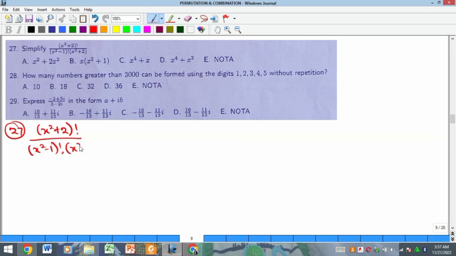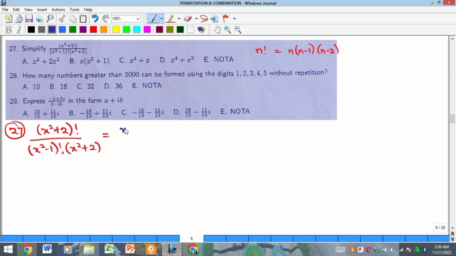So what are we going to do? Now look at the denominator. The denominator has x squared minus 1. So remember the formula for factorial. If you have n factorial, it is the same thing as n times, you keep subtracting 1, you keep subtracting 1, just like that.